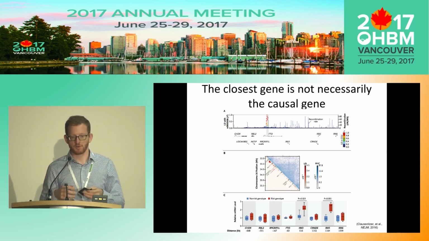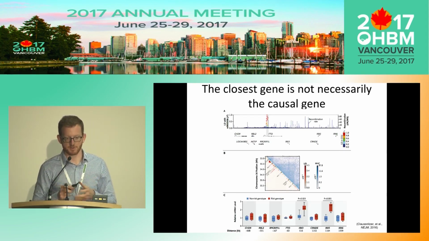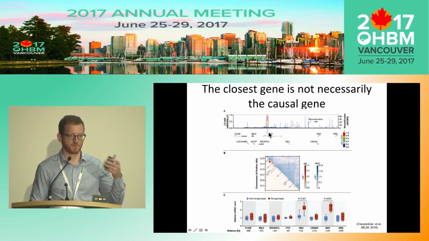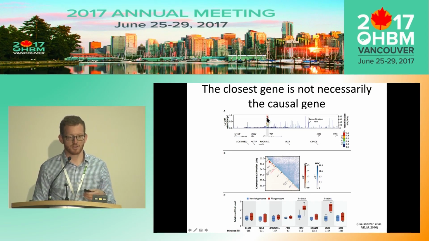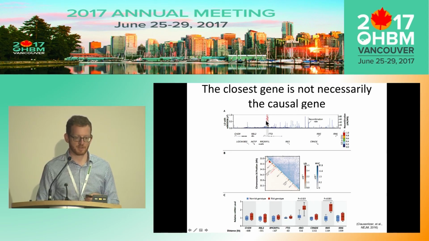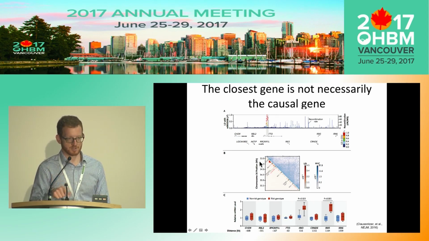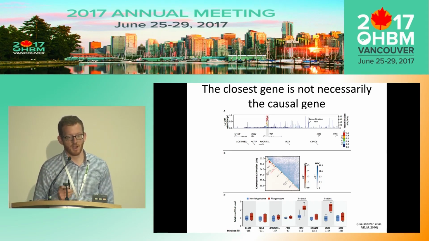Just to show you an example of this from non-neuroscience literature, this is a famous gene called FTO. It was one of the first genome-wide significant genetic associations detected: variation in the FTO gene affects obesity and body mass index. So people thought, oh, FTO is the gene of interest, FTO is what we should study, and we should spend a lot of money on it.